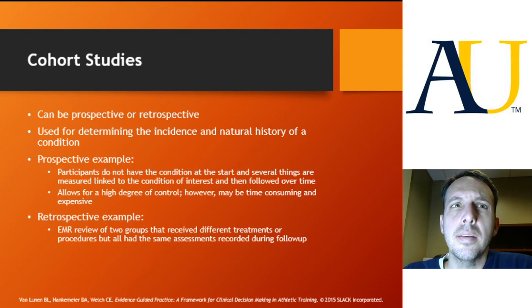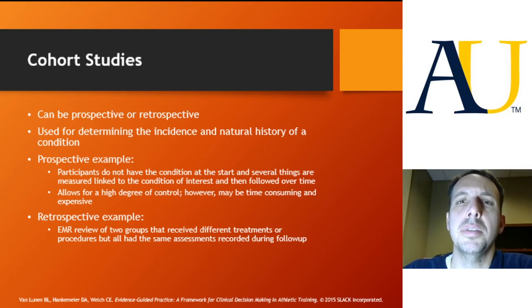The retrospective cohort study is going through and looking at two groups that have already sustained a condition, right? And this is retrospective, so the data has already been collected, and then maybe they follow different treatment protocols or had different procedures. You can use the example of those in the past that had surgery versus those that did not have surgery.